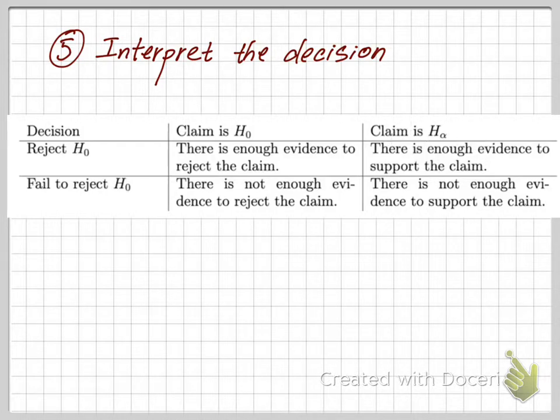So that means you do not have enough evidence to support the claim. So this table here will guide you on how to interpret your decisions based on whether the claim is the null hypothesis or the alternative hypothesis, and also based on your decision, whether you reject the null hypothesis or fail to reject the null hypothesis.